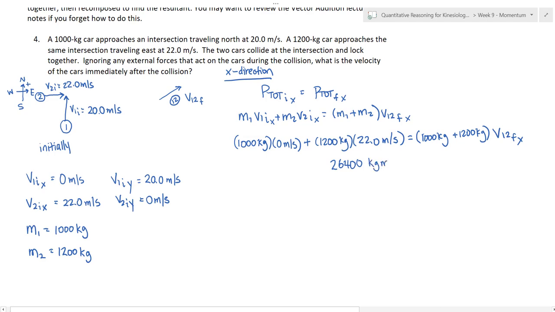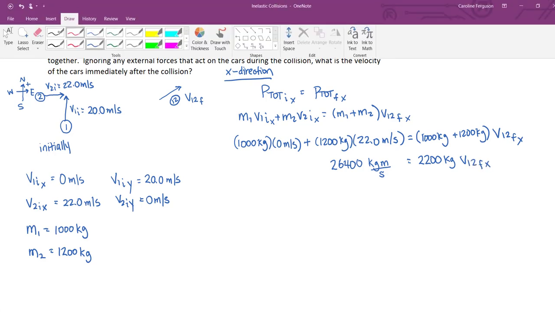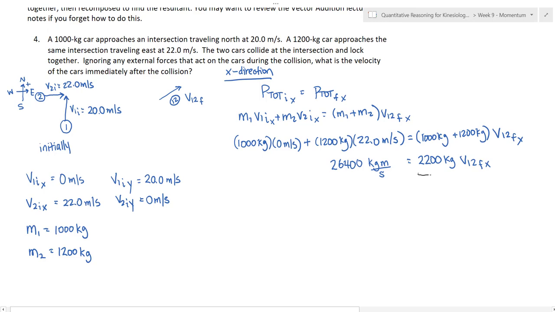So I'll put those in. You don't need to put these in though if you don't want to. Is equal to, on the right side, I have 1,000 kilograms plus 1,200 kilograms, which is 2,200 kilograms, v12 final x. I'm solving for that v12 final x, so I'm going to divide both sides by 2,200 kilograms.